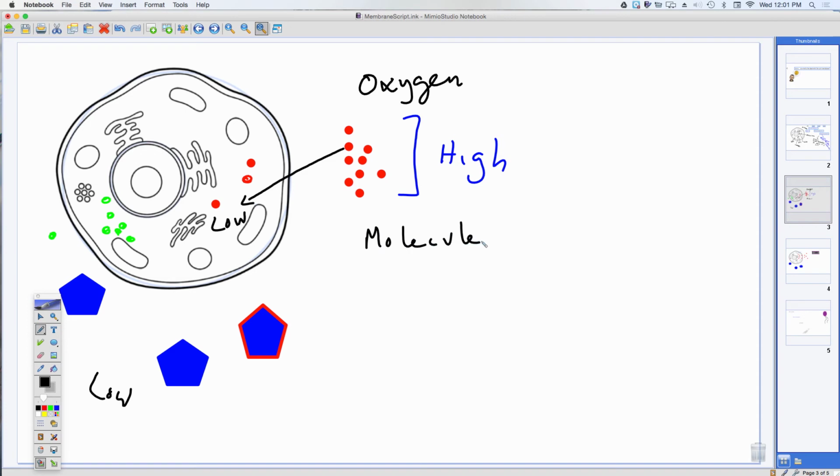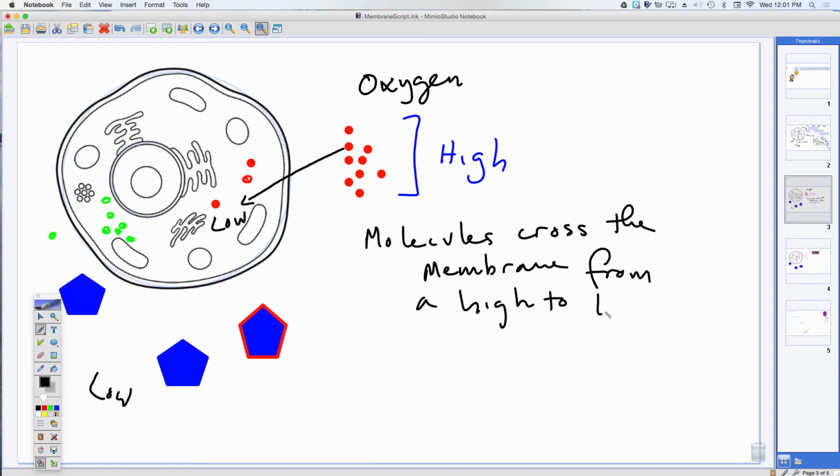So molecules cross the membrane from a high concentration until equilibrium is reached.